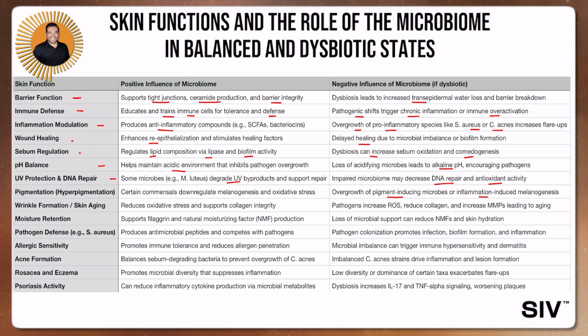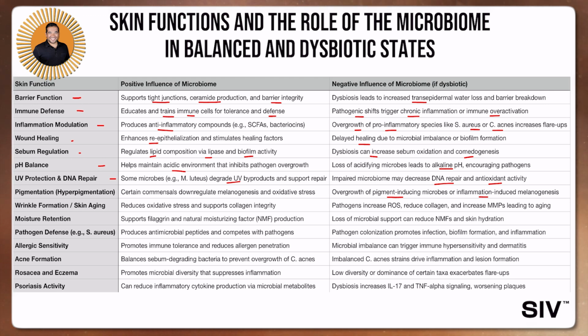So one of the themes I hope you understand through watching this is that the microbiome of any part of the body, including the skin, can either be your best friend, helping you, protecting you, repairing, doing all the wonderful things, or if it's dysfunctional, it's not only not doing those things, but it's actually driving dysfunction. It's driving inflammation. It's driving hyperpigmentation.